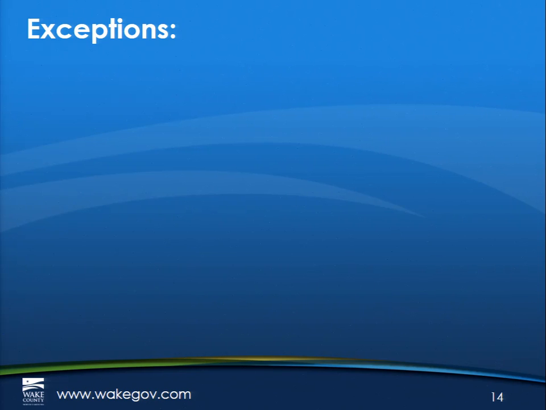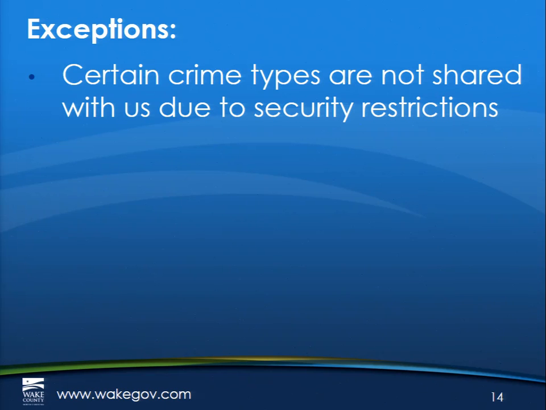This works great for their data, except for one type of thing. There are certain crime reports they cannot share with us. There are things that involve children, sex crimes, and I think one other type, where in order for us to access that data, we have to be fingerprinted and background checked and get approved for it.